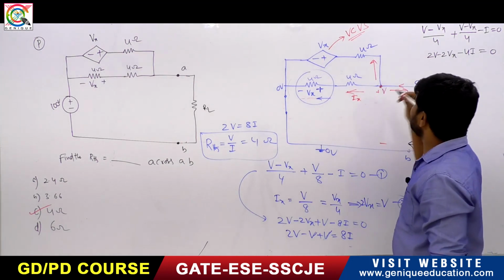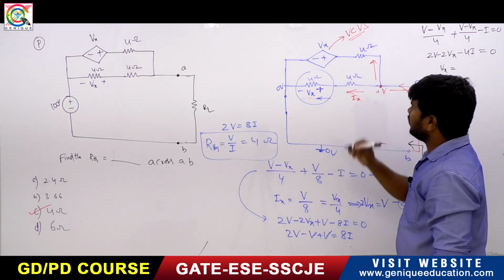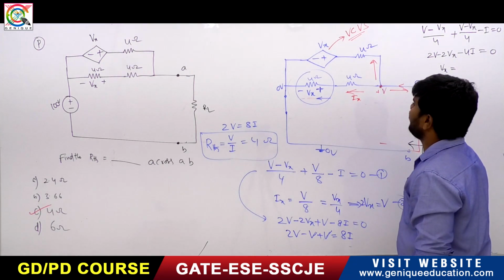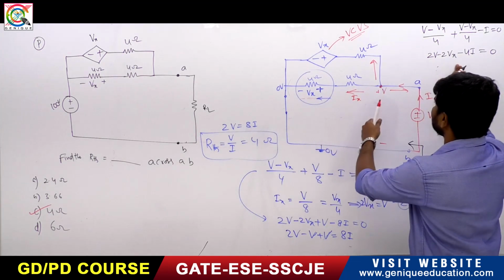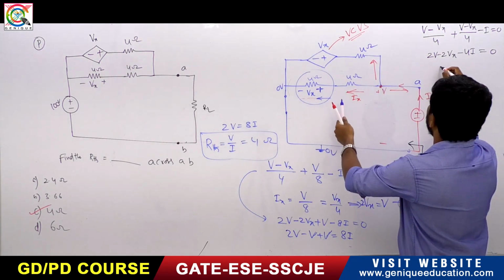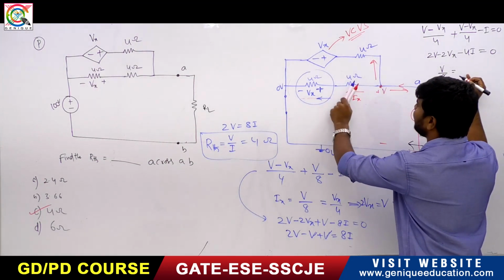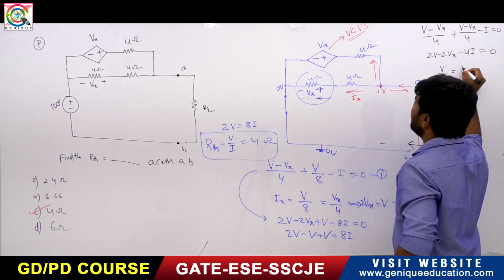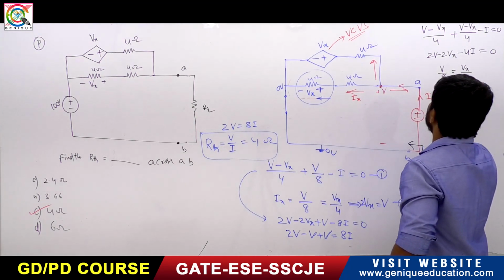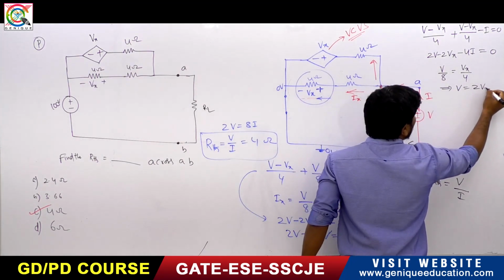And from this, what is Vx? We know this. Again you have to write V minus 0 divided by 8 is equal to Vx divided by 4. So this implies V is equal to 2Vx.